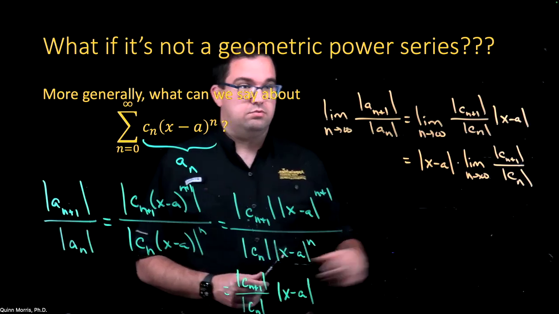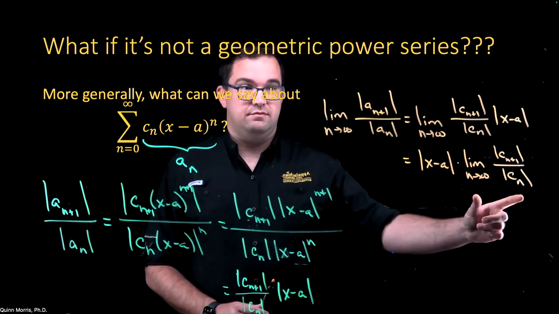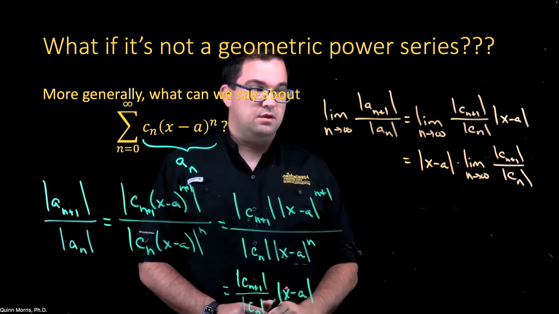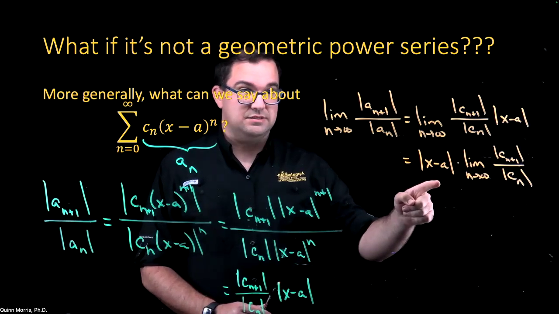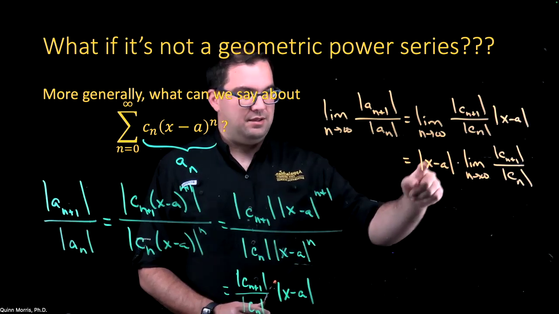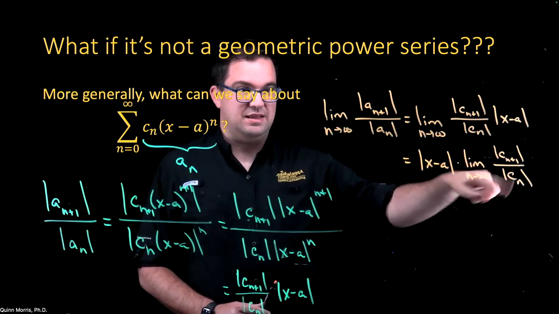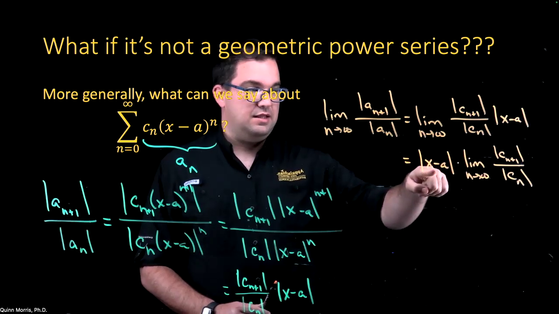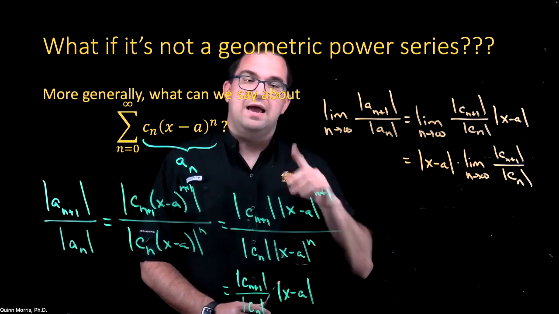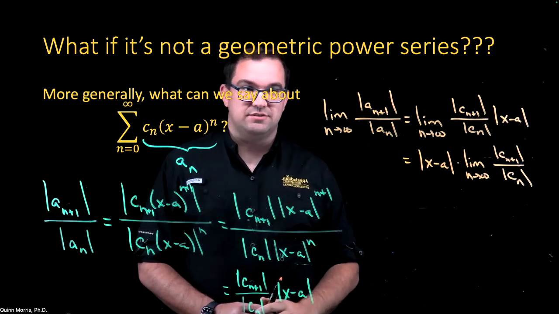Option number two, well, what if this is infinite? If this limit is infinity, then it doesn't matter what x is, well, except one special case. In most cases, if this is infinity, then this is going to be infinite and the series is not going to converge, except for one very special x value.